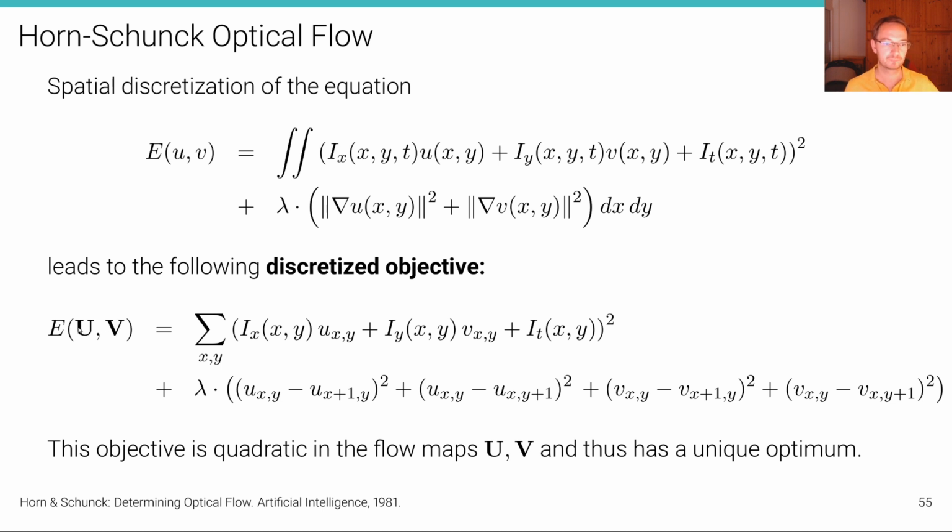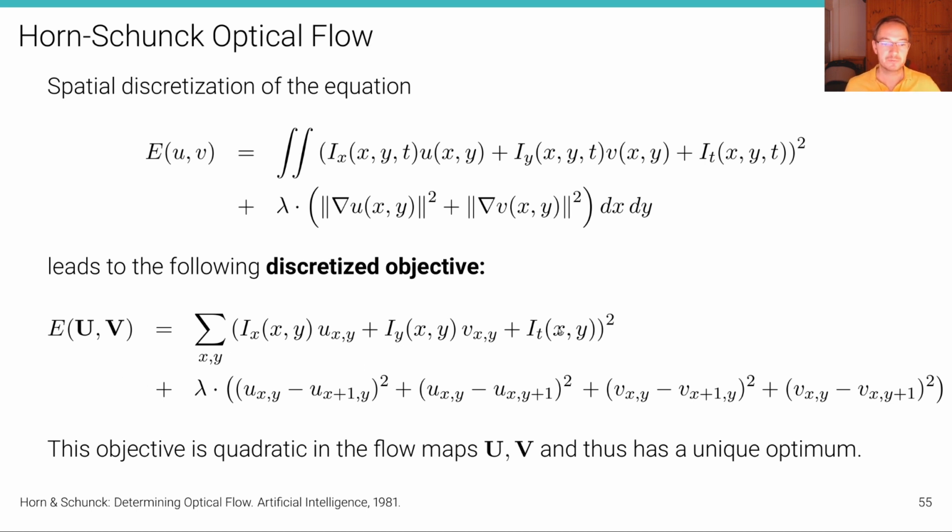U and V are basically images of flow in the u direction and v direction, where we have one element per pixel. And so the integrals get replaced with sums, and instead of the function u of x, y, we have simply an index into this u flow map, u, x, y, and similar for v.